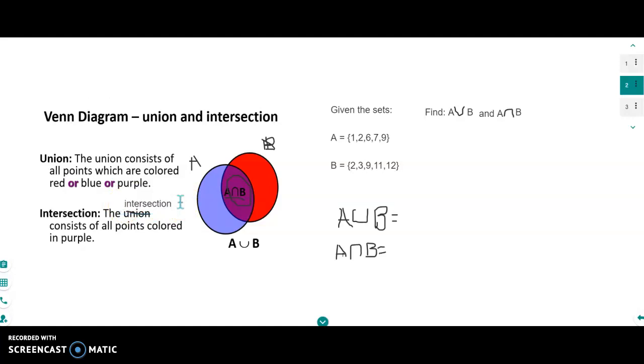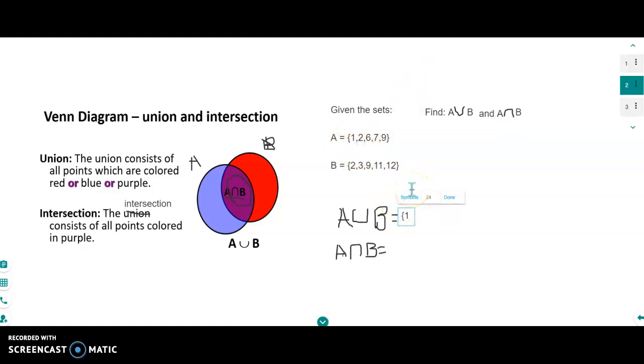Okay, so let's see an easy example. So given the sets A: 1, 2, 6, 7, and 9, and the set B: 2, 3, 9, 11, and 12, we're going to find A union B and A intersected with B. Let's start with the union. A union B, we are going to include all the elements, and we don't repeat any element. So let's start in order.